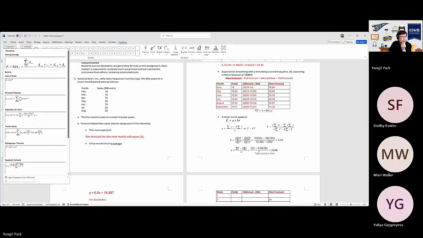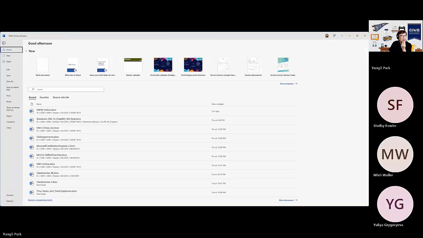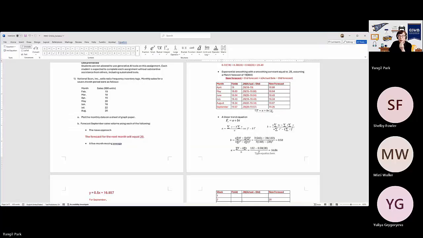I think I just lost it, I guess. Save it. Not from here. There you go. Okay. Save as new equation, so that you can recycle for next time. So you don't have to type the same equation over and over.